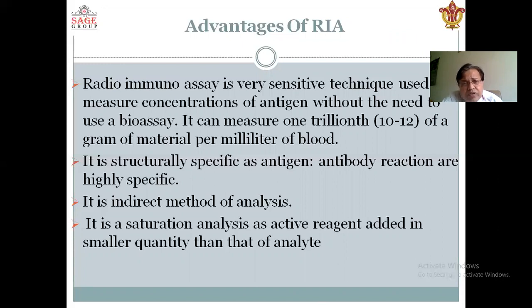That is a very small quantity. It is structurally specific as antigen-antibody reactions are highly specific. It is an indirect method of analysis. It is a saturation analysis as active reagent is added in a smaller quantity than that of analyte.